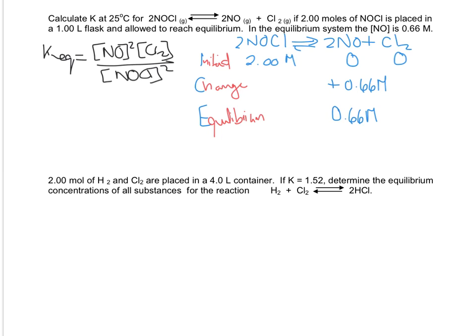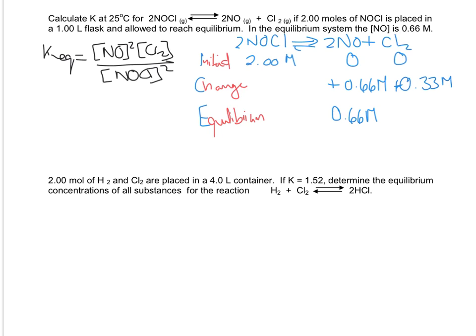If we know the change for the NO, we can figure out the change for the Cl2 from the stoichiometric ratio. It's a 2 to 1. So if I increased by 0.66 molar for the NO, then I would increase by 0.33 molar for the Cl2, because that's a positive sign there, since it's a 2 to 1 ratio.